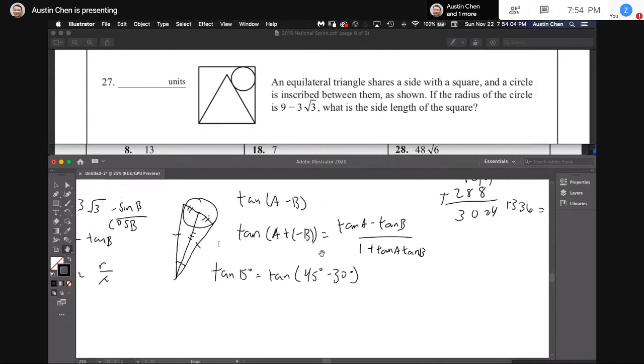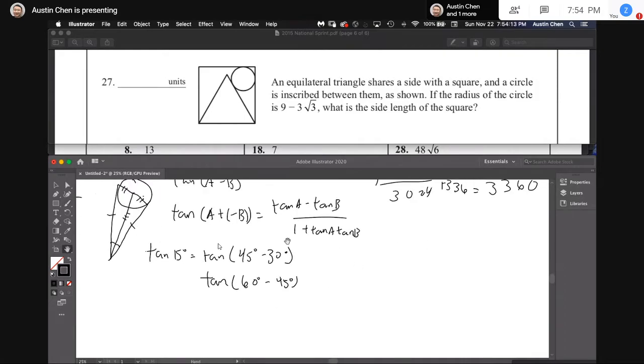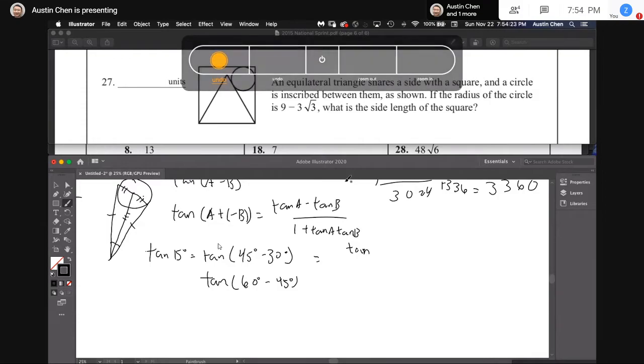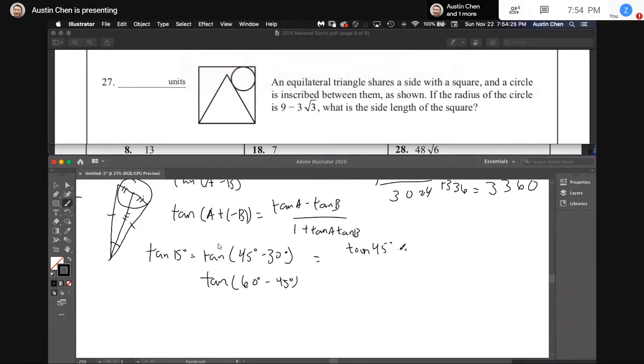Yeah, you could do it like that. Or you can do 60 degrees minus 45 degrees if you fancy that. Sure. All right, I'll just do 45 degrees minus 30 degrees. So this will be equal to tangent of 45 degrees minus tangent of 30 degrees over 1 plus tangent of 45 degrees times tangent of 30 degrees.